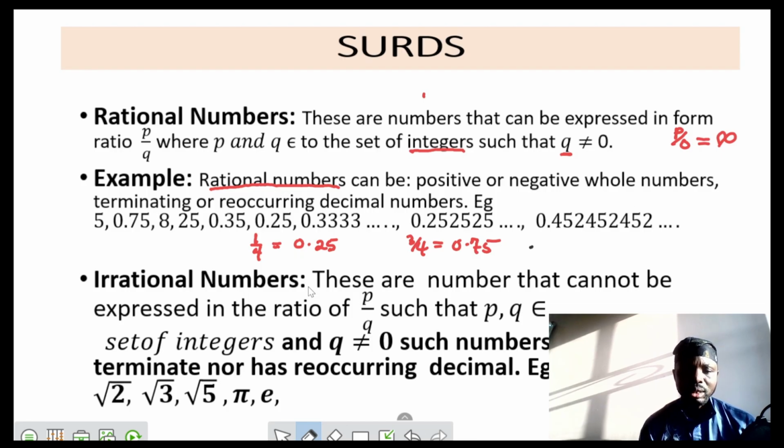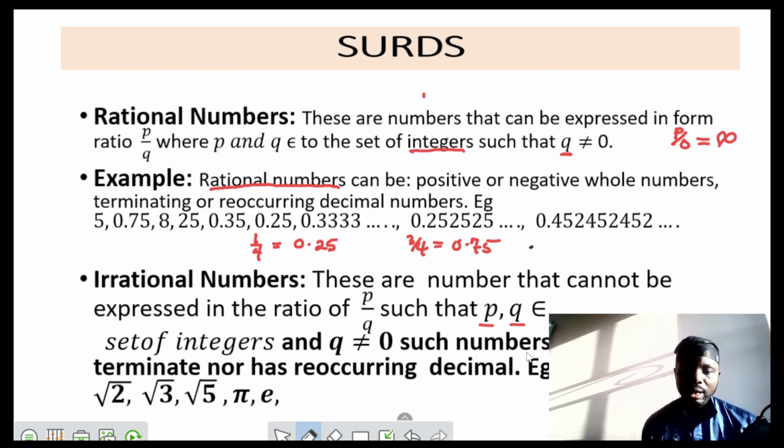All right. Now, irrational numbers are numbers that cannot be expressed as a ratio of P over Q, where P and Q belong to the set of integers. So we cannot express them in that form.